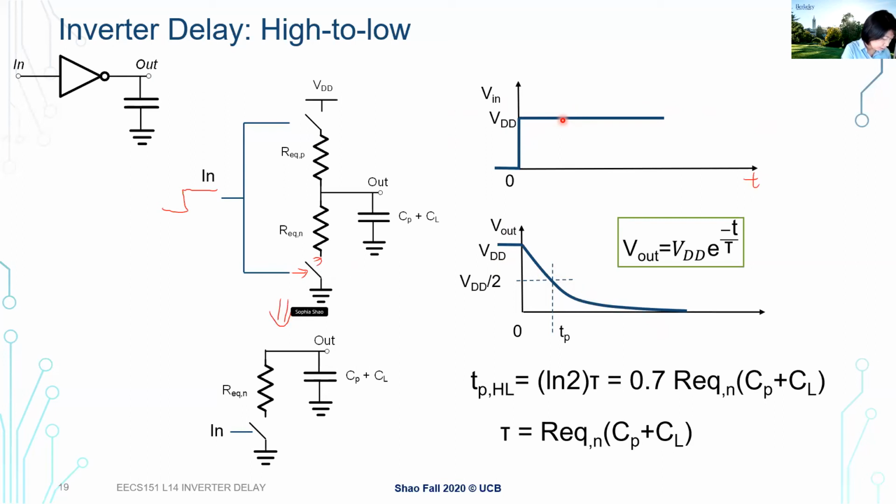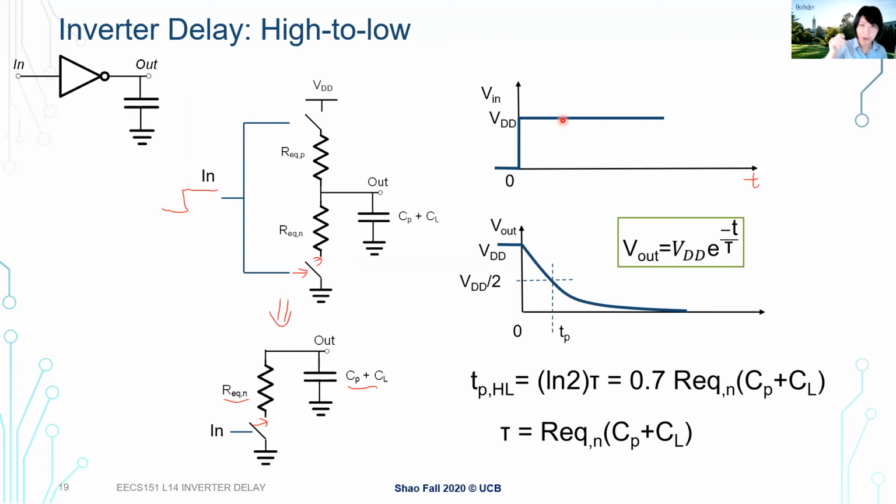So we'll just use the equivalent circuit where the NMOS is turned on. We have the resistance from my NMOS transistor and the capacitance from both my load and the parasitic capacitance of my transistor. This is a very familiar RC circuit, hopefully. No worry if you haven't seen it before; it's a very simple circuit with both resistance and capacitance.